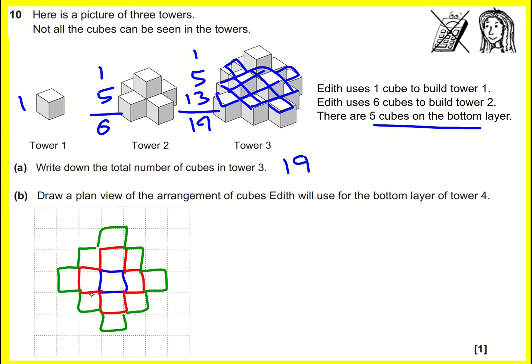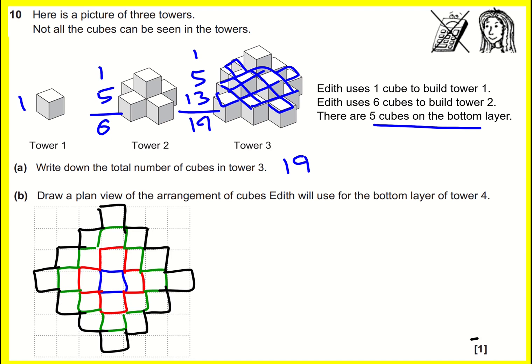But if we go with what's going on here, then I think we're going to just add 1 to each little bit like so. And then I'm going to add 1 to the end. So I'm basically just adding a square onto every little adjacent thing. So that is going to be my answer.